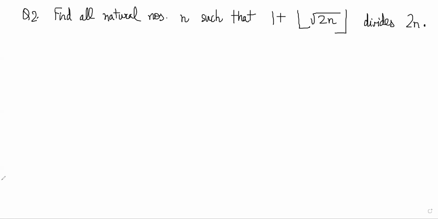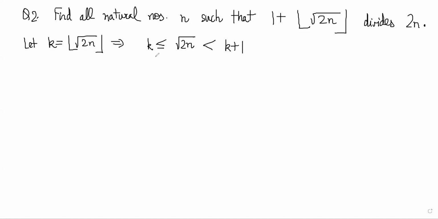So in this problem, let's start off by assuming k is equal to floor function of root of 2n, right? Which implies that k should be less than or equal to root of 2n and obviously should be less than k plus 1, right?